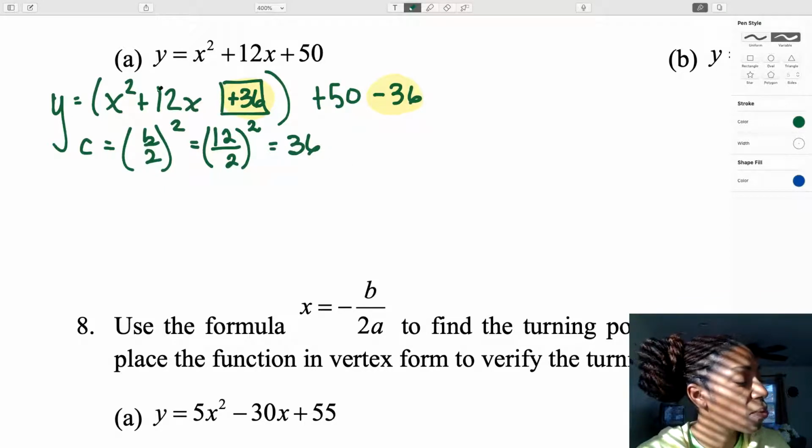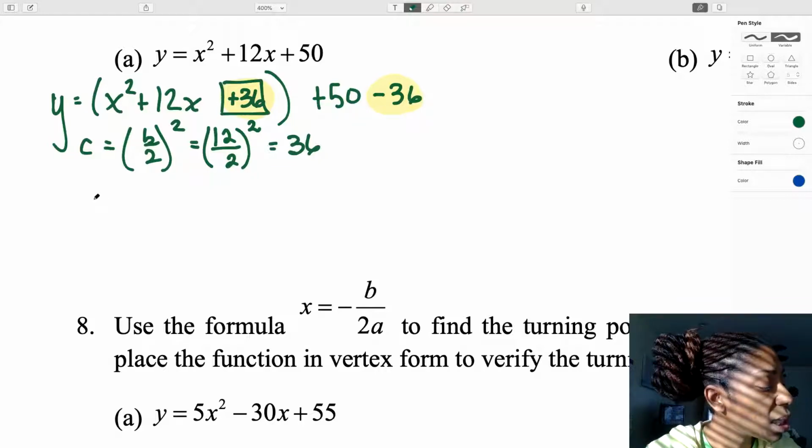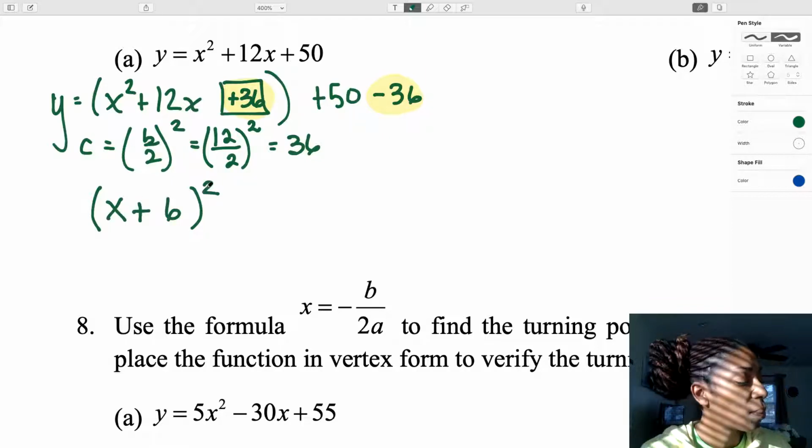Next, we rewrite the trinomial x squared plus 12x plus 36 as a perfect square. X, because of the x squared, plus, because our middle term is positive, and 6, because the square root of 36 is 6.